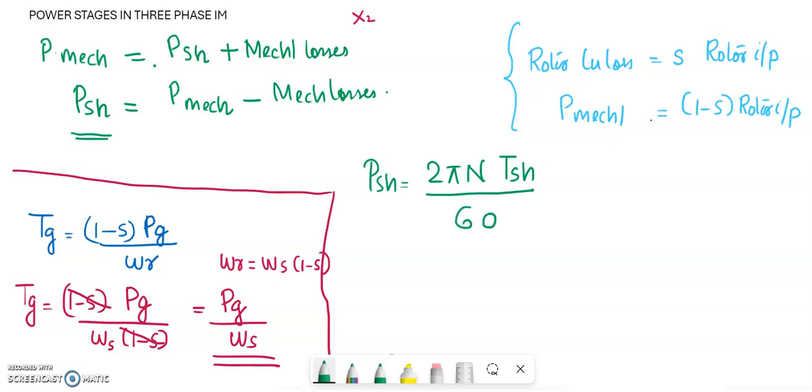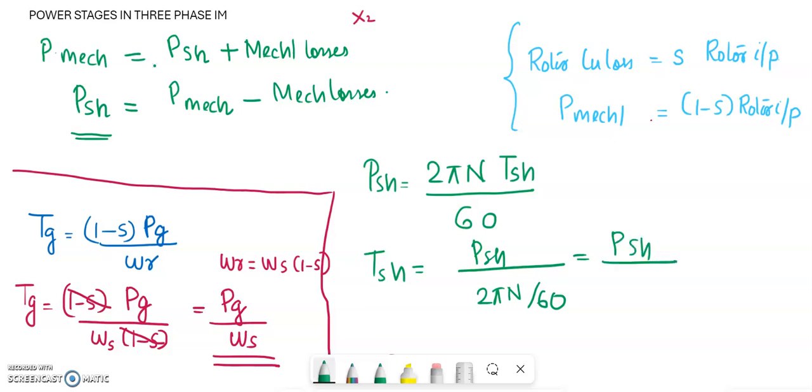From this, T shaft is equal to P shaft divided by 2 pi N by 60, which is omega. And we know omega r is equal to omega s into 1 minus S. This is another equation we can write.